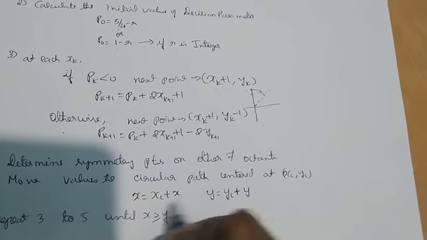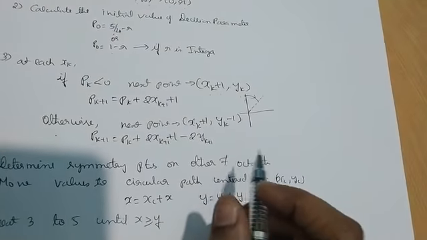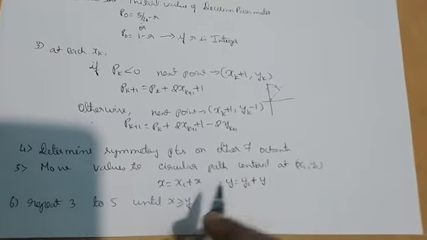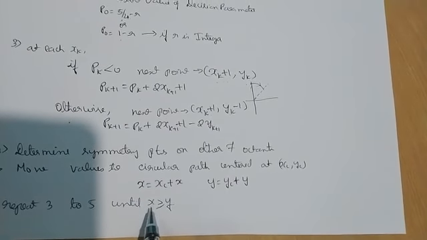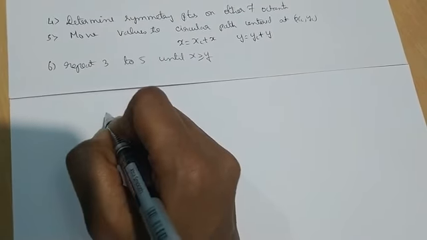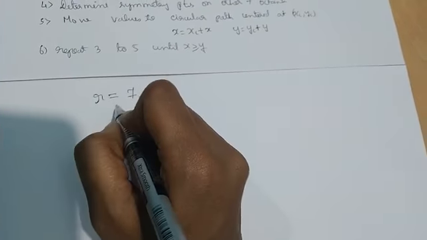So x plus xc and y plus yc will give you the resulting vertex values for the given circle for the given center. And this has to be repeated until x becomes equal to y or x becomes greater than y value.